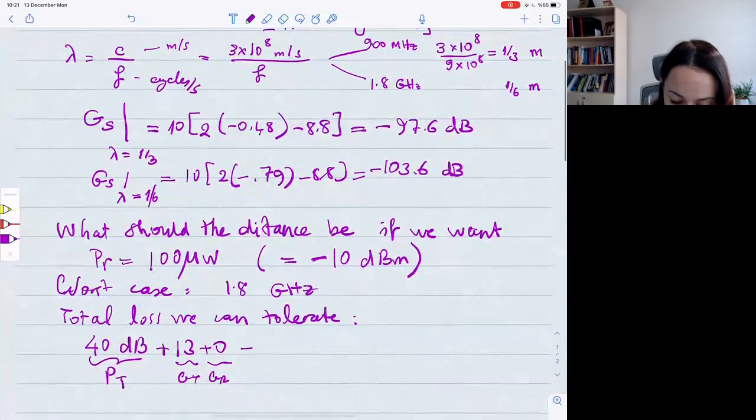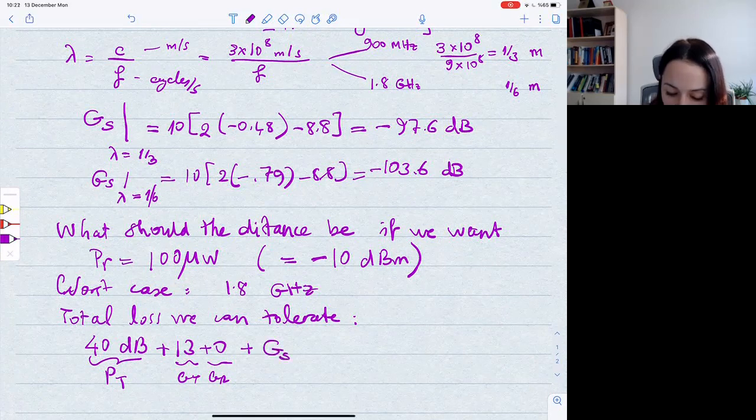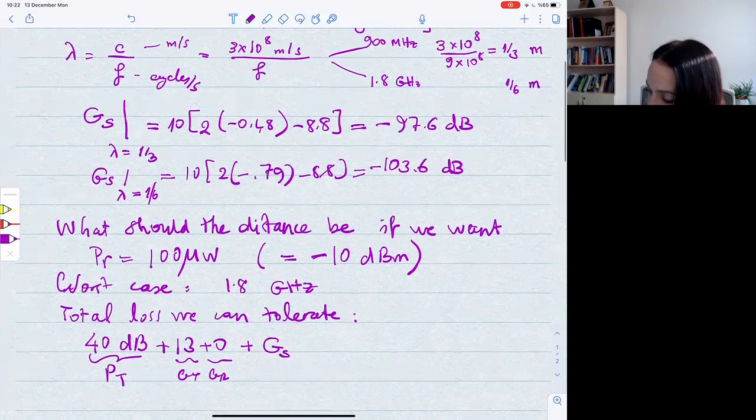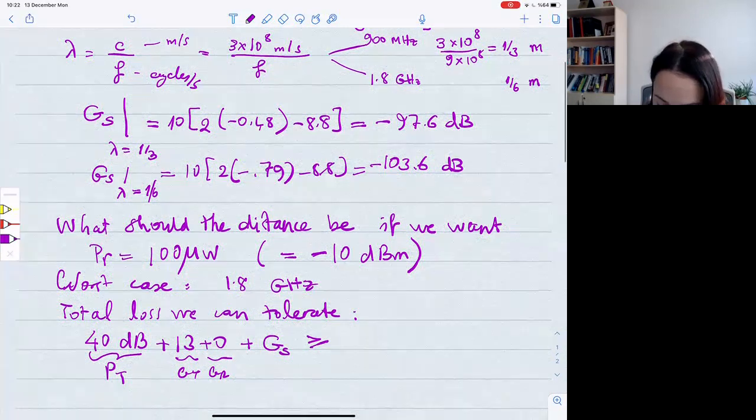And plus the path gain is asked to be larger than what? Minus 10 dBm.